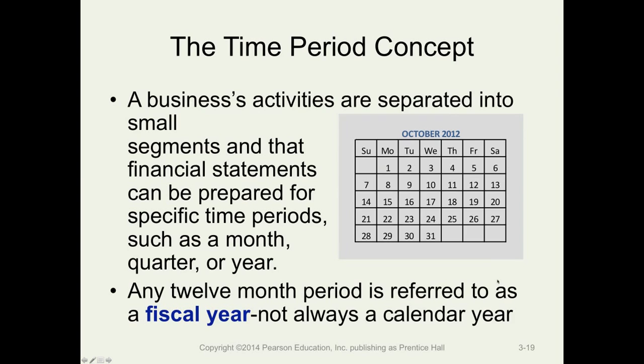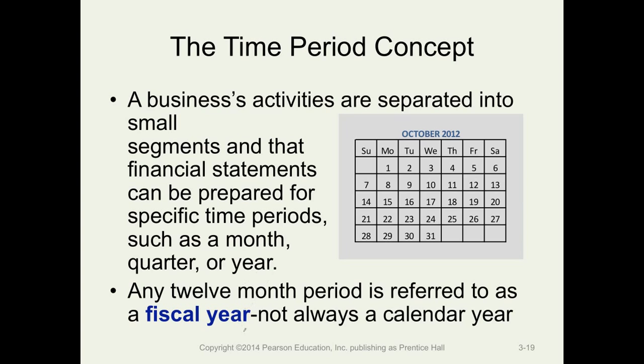When we look at these accounting periods, you have to remember that business activities will be separated into small segments, artificial periods of time, specific time periods like a month, quarter, or year, and we're obviously going to need to prepare reports as of that point in time. An important point to note here is that a company's fiscal year is not always the same as a calendar year.